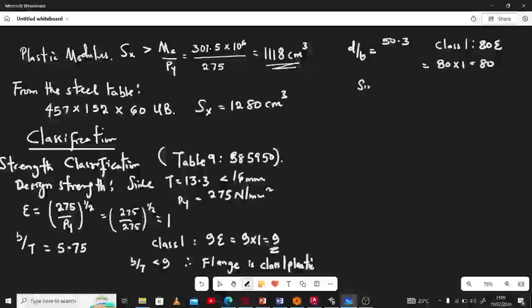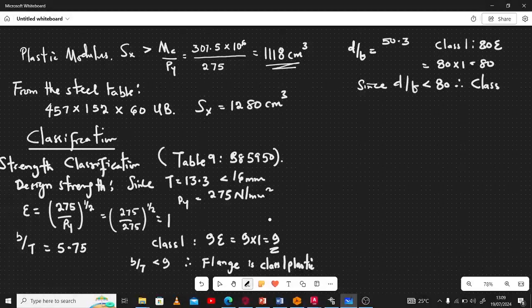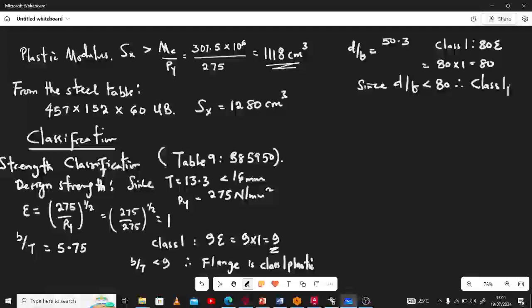So since d over t is less than 80, therefore it's our class 1, class 1 plastic. Okay, so we've been able to classify our web and our flange.